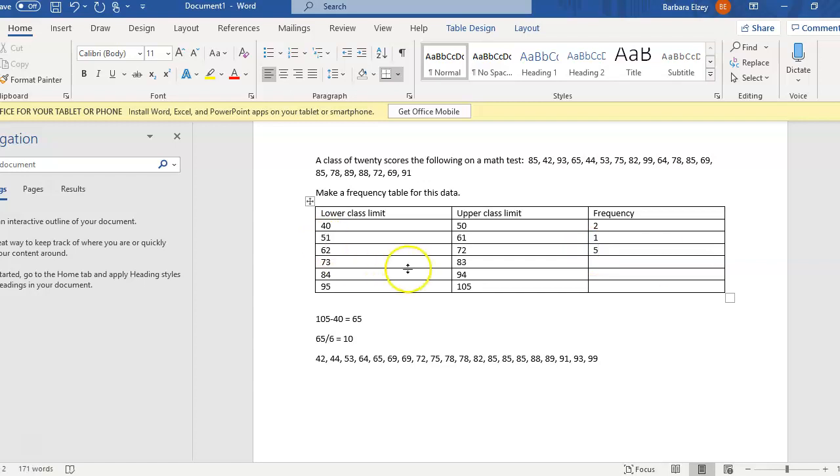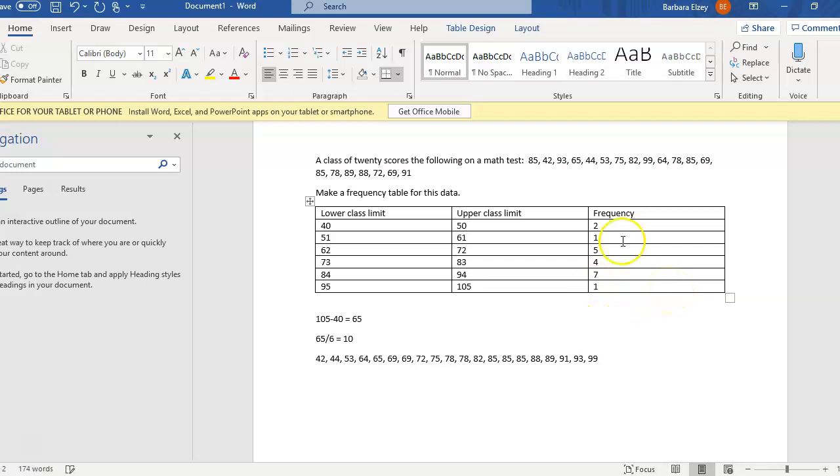All right, and numbers between 73 and 83, 1, oh no, not 72, 1, 2, 3, 4. Numbers between 84 and 94, 1, 2, 3, 4, 5, 6, 7. And then finally, numbers between 95 and 105 is just the 99.